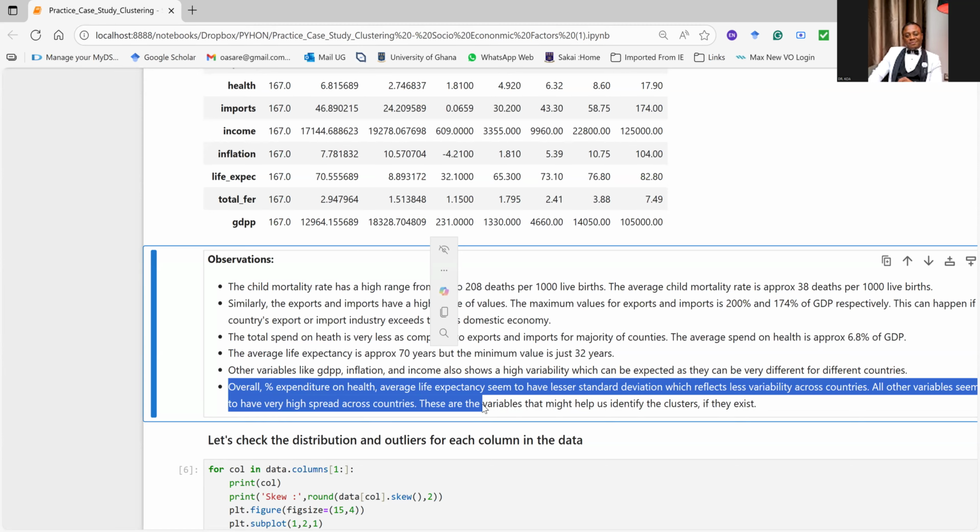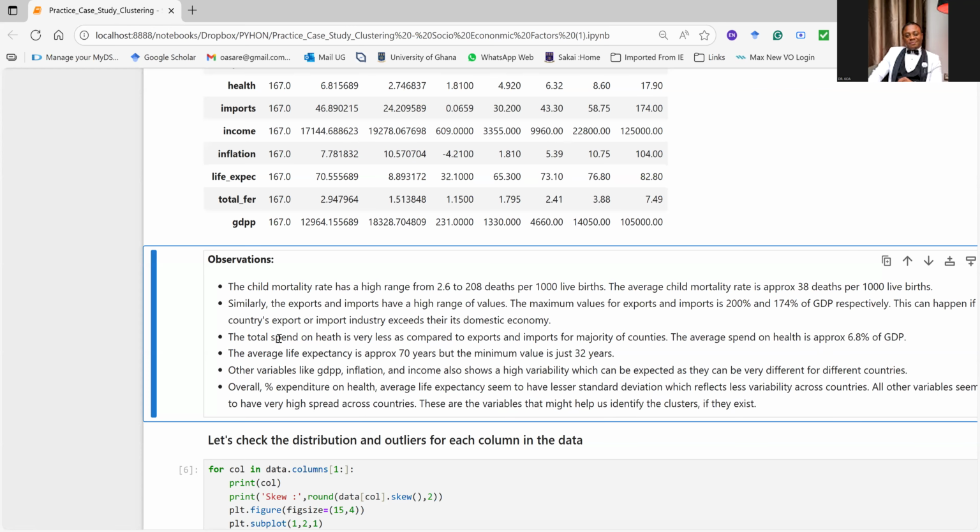And these are the variables that might help us identify clusters if they exist. So you need to be able to find out some information about this. And when you have an exam, some of these descriptive statistics are given to you, and they require you to write information about them, like you can see right here. There are several things you can say.